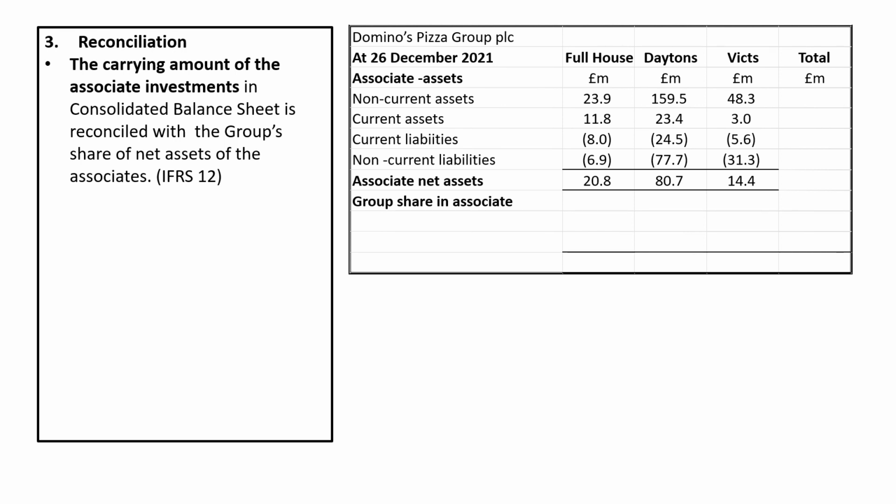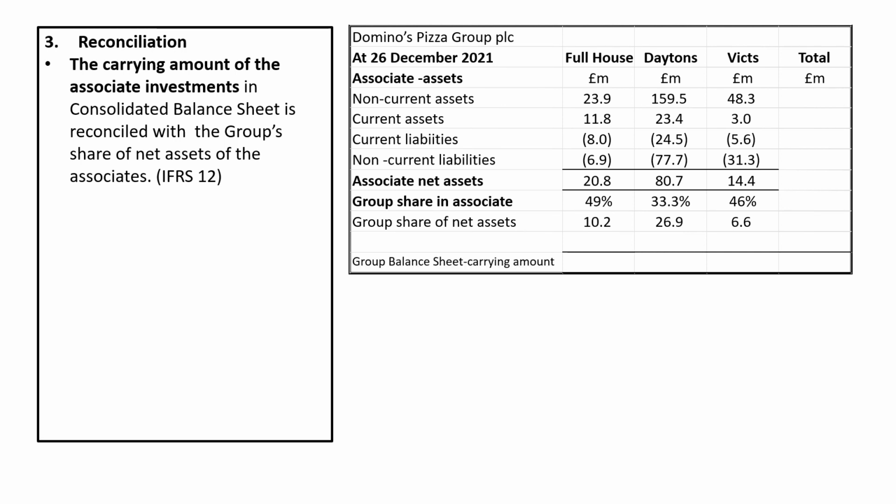The group share, which is represented by the respective percentages of 49, 33.3 and 46%, works out for each to be: for Full House 10.2 million, 26.9 million and 6.6 million.